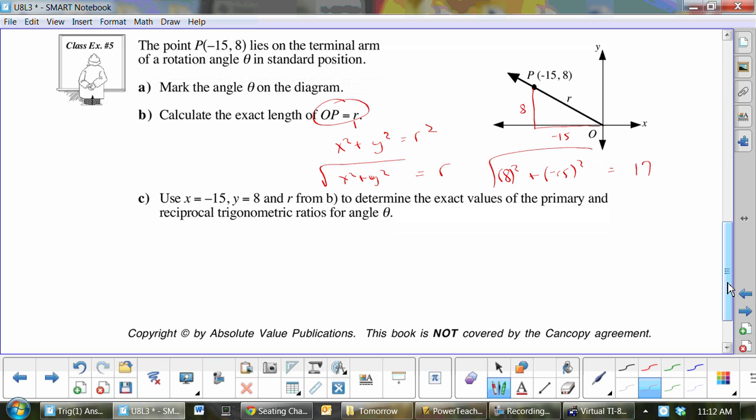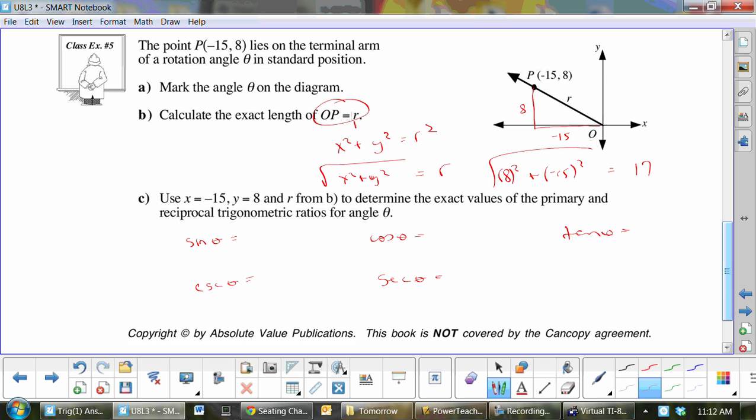Now, all you want to write down now is sine theta equals, cos theta equals, tan theta equals. Who's sine's buddy? Cosecant theta equals. Cos's buddy is secant theta equals.